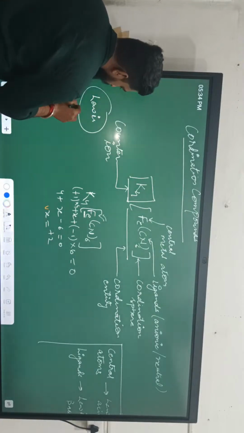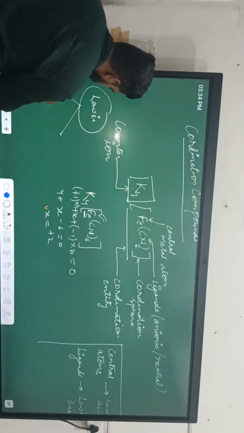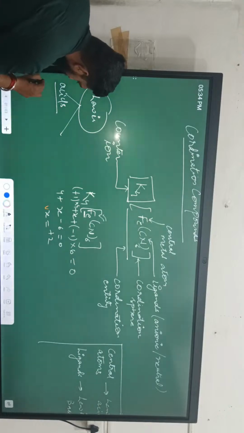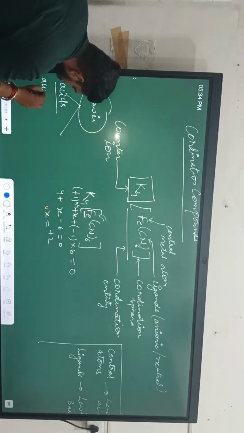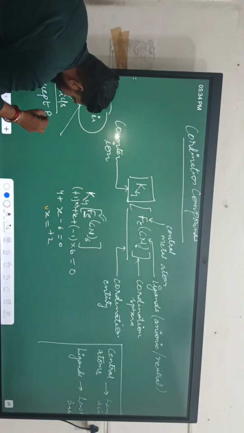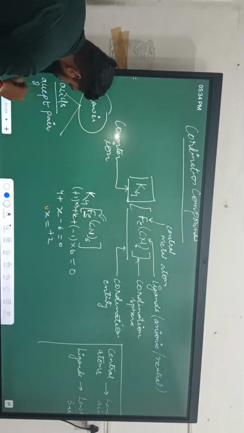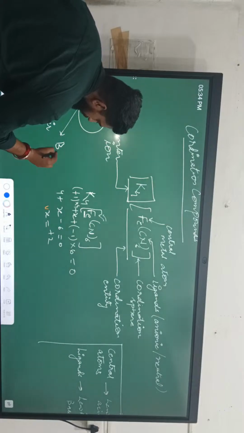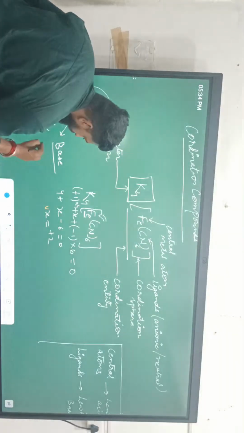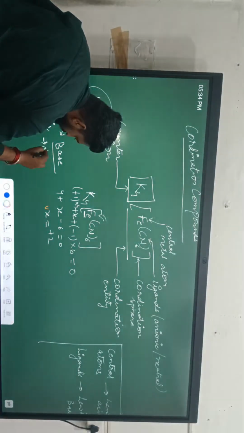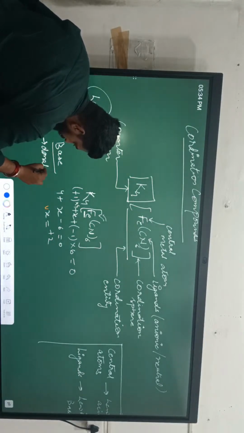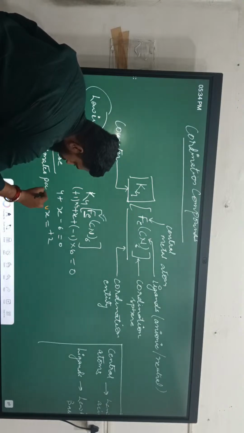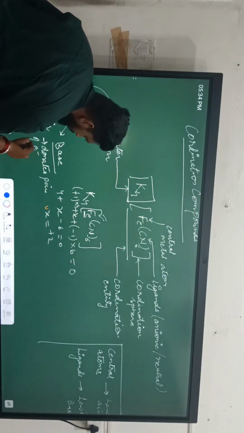According to Lewis, acids are compounds which can accept a pair of electrons, and Lewis bases are compounds which are capable of donating a pair of electrons.